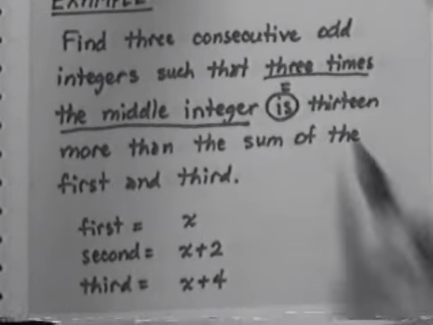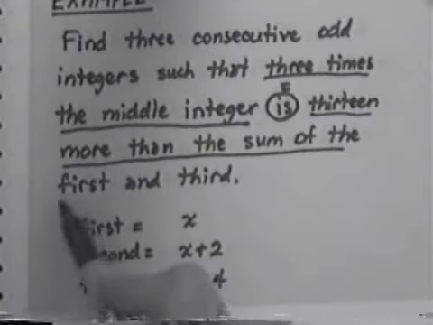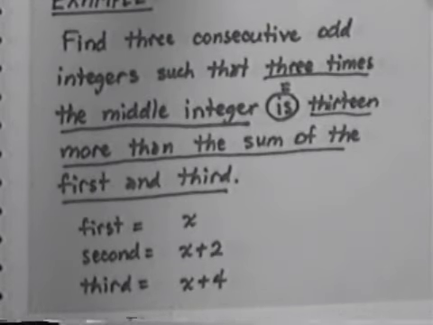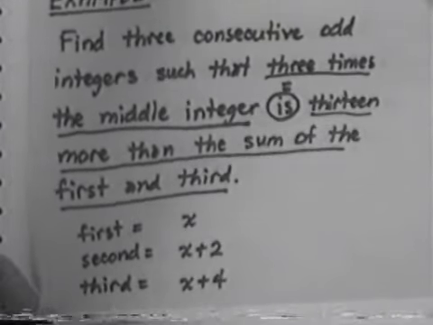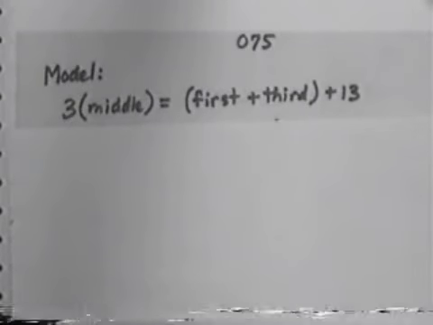After is, we have 13 more than the sum of the first and third. I'm going to write what we call a model that gives us something of a mixture of the mathematical statement and the English, so that we can keep straight what's going on.